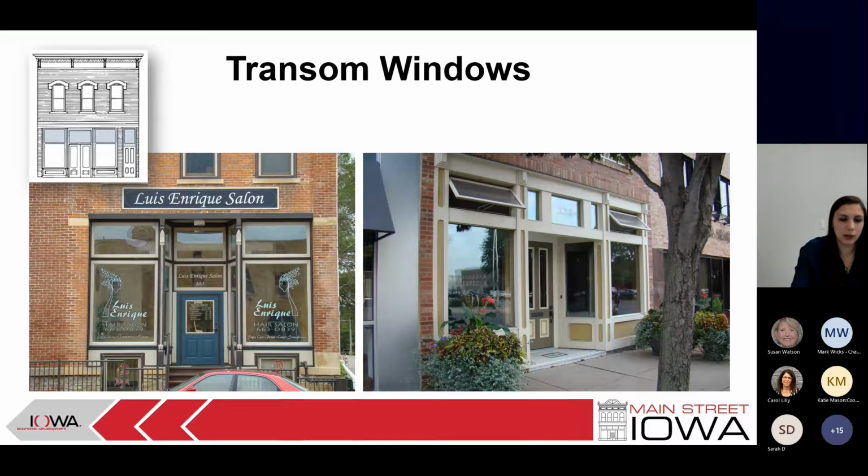The term transom window not only refers to those windows that we think of as the windows that are above the display windows, but they also refer to any glass that is above doors.